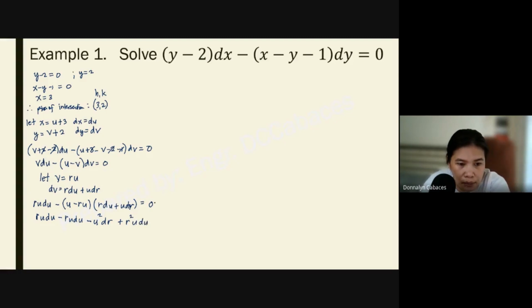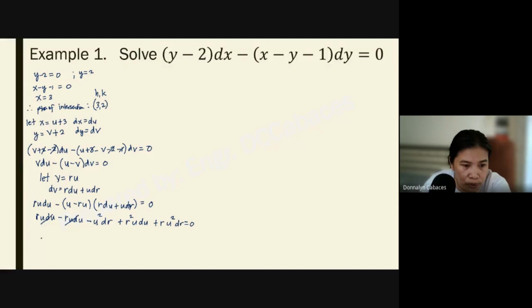Then the next is plus r u squared dr equals 0. Simplifying, ru du minus ru du cancels.